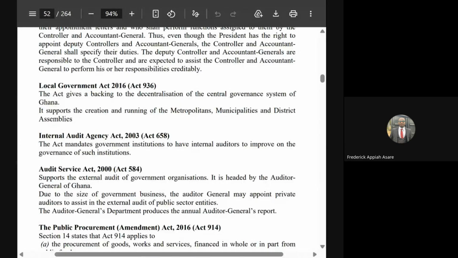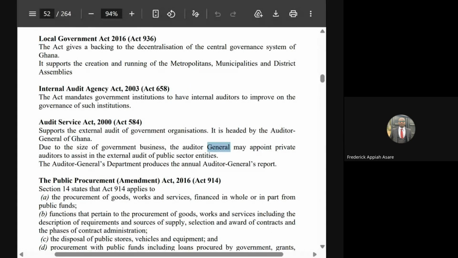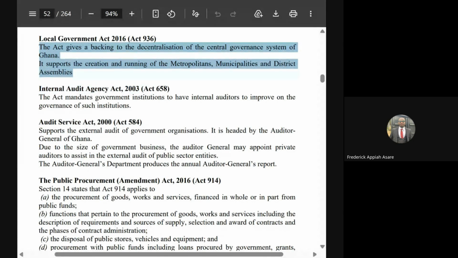When it comes to another act, another regulatory framework, the Local Government Act 2016, the act gives backing to the decentralization of the central government system, and it supports the creation and running of metropolitan, municipal, and district assemblies.